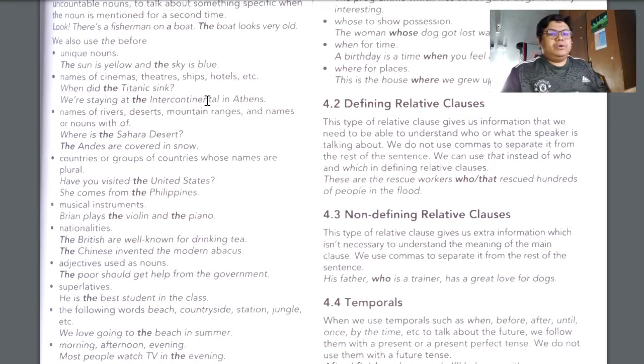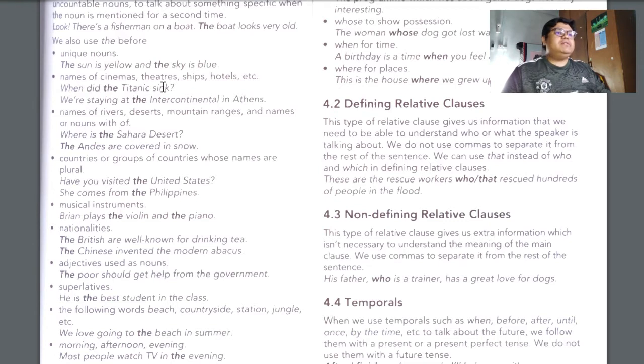But we know which room and which table it is, so kita boleh pakai the lah. Maksudnya benda tu unique. Okay, tapi kalau we don't know which table it is and we don't know which room it is, so we have to use a table in a room. Okay, tapi kalau kita dah tahu yang mana satu, kita akan pakai the. Right? There's only one sun and there's only one sky.